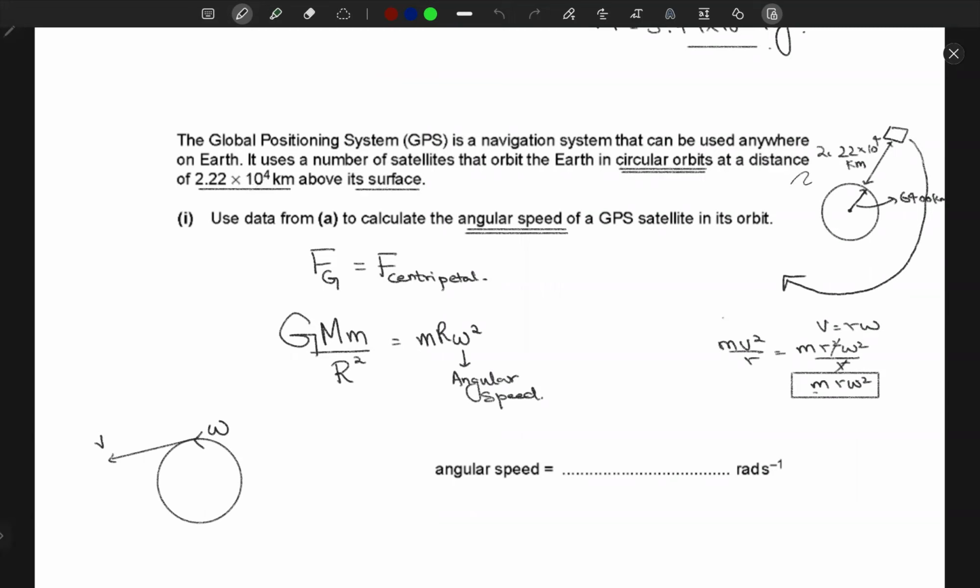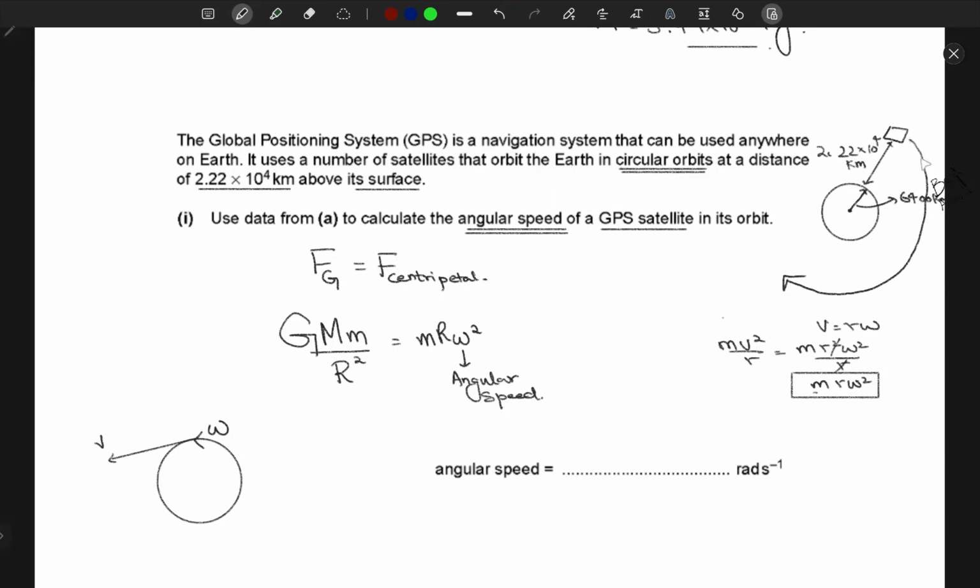Above the surface of the Earth, the satellites are orbiting at a distance of 2.22 times 10 raised to power 4 kilometers, and they orbit the planet Earth in this circular trajectory. We are asked to calculate the angular speed of a GPS satellite in its orbit.